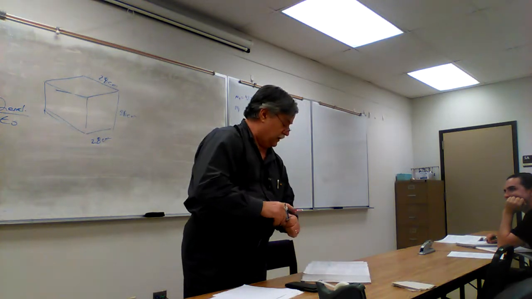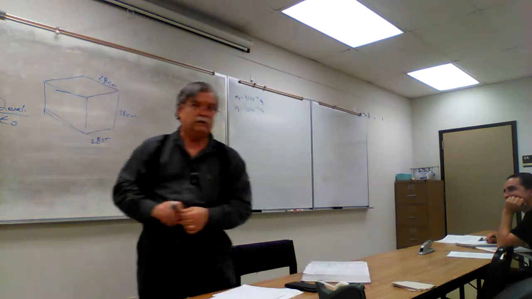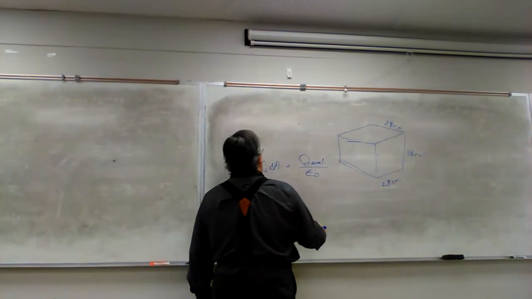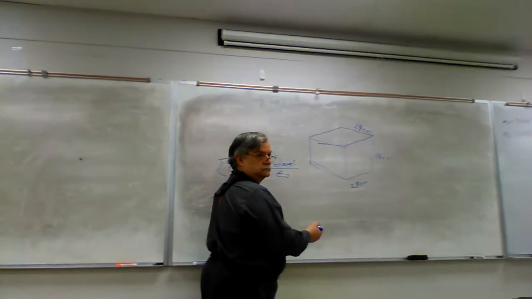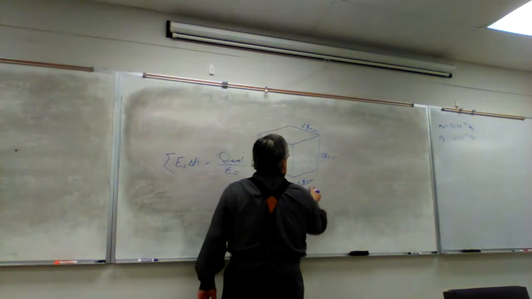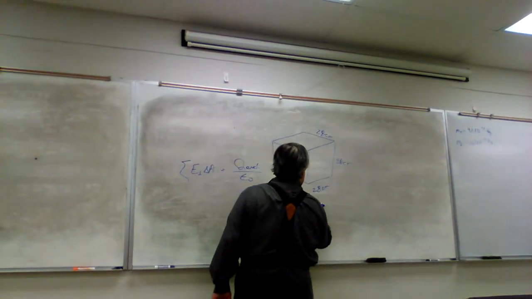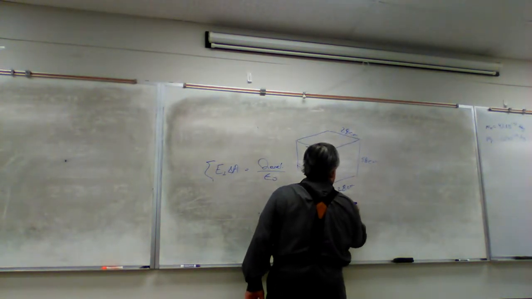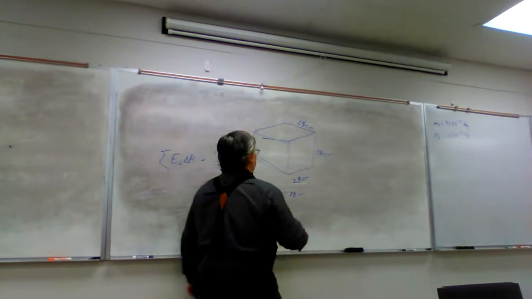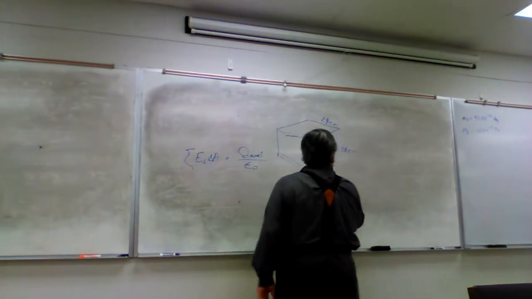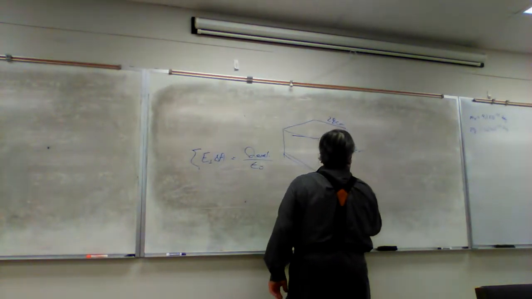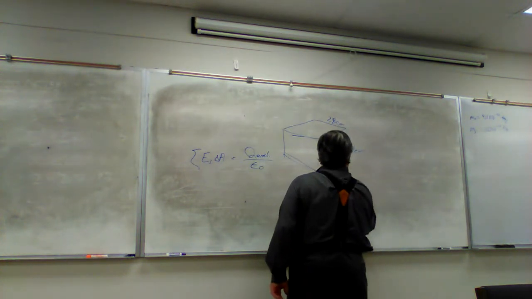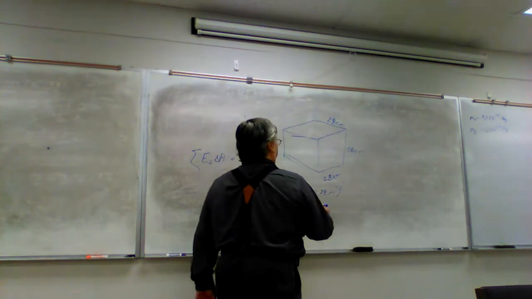Now, what is the sum of the areas on this? 28 centimeters is what? 0.28 meters, right? So it's 0.28 meters cubed. Nope, sorry, it's not either, is it? It's 0.28 meters squared times 6.